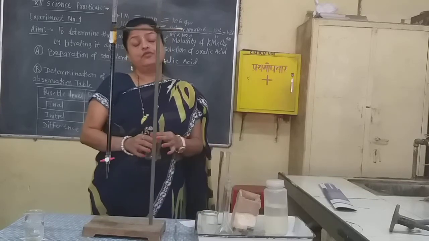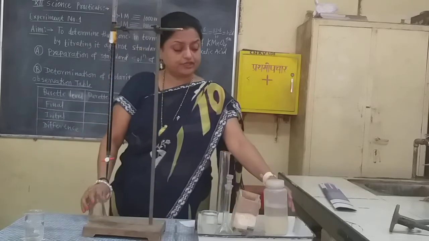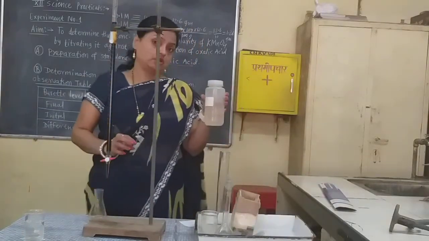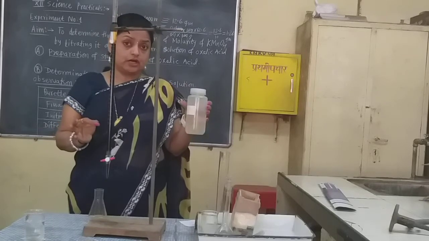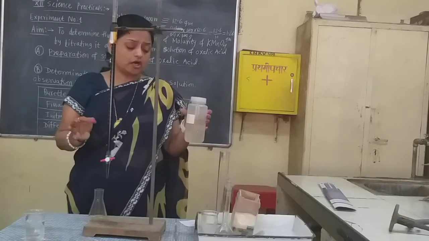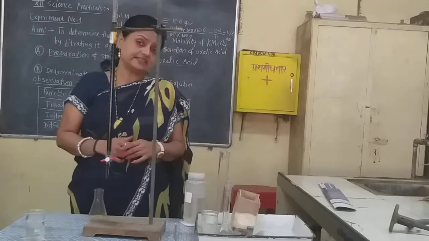Then we have to add 1 test tube of dilute H2SO4 solution, to remove any extra color, as there may be some coloration in the oxalic acid.